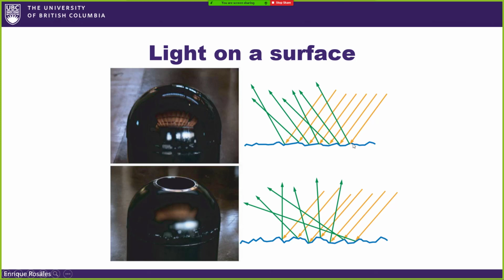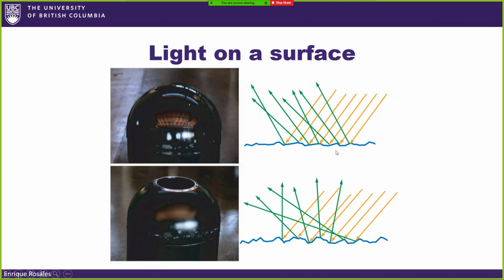It will be reflected to exactly the same direction, right? It means that the reflection on your surface will be super crisp, right? As a mirror, right? A mirror is basically an object whose microstructure is super flat, right? So if it's not completely flat, right? If it has certain hills and valleys, right? Like something like this.